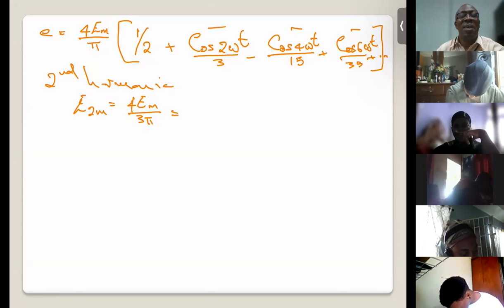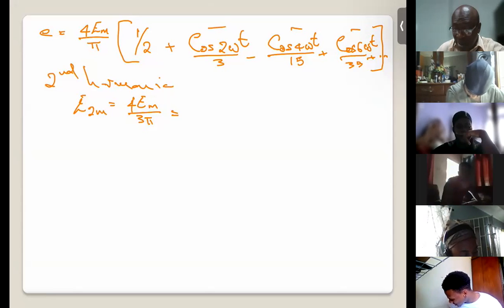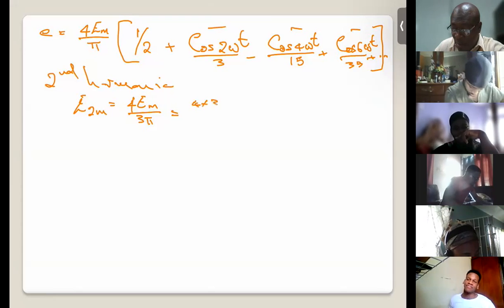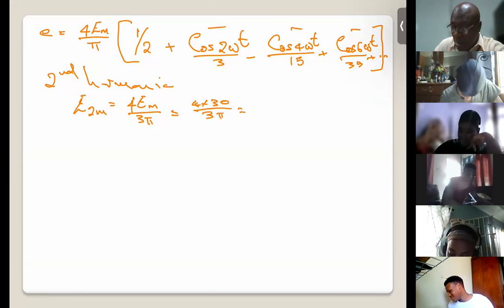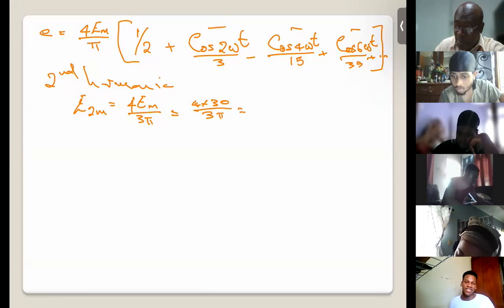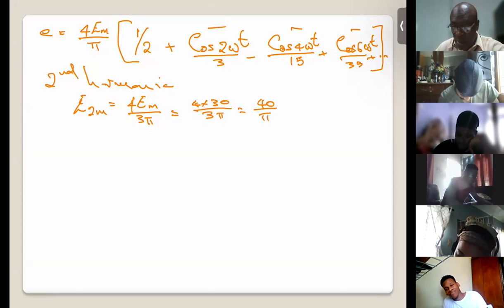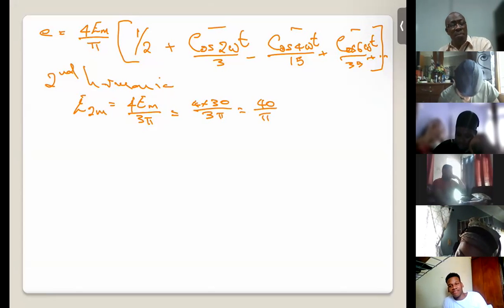What is EM? 30, sir. You're given it in the problem. So it is 4 times 30 over 3 pi. So that gives us 40 over pi. Now that is EM.